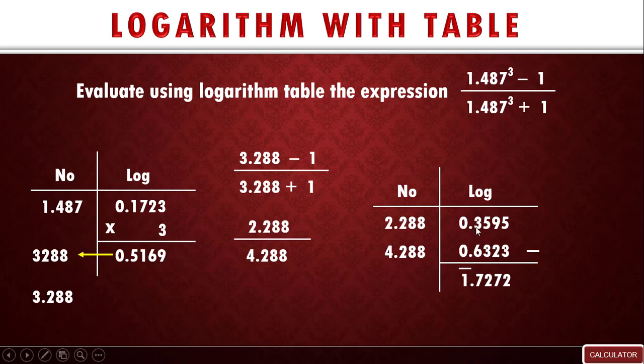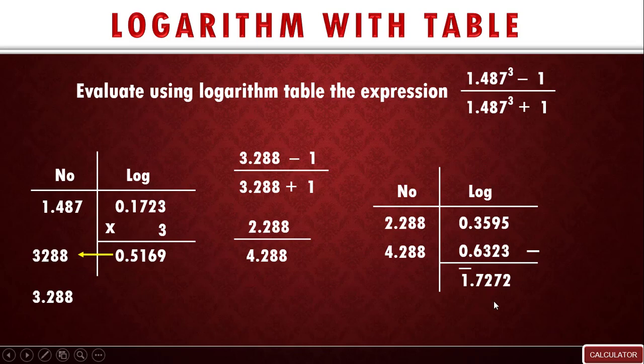So if we take the 1 with the 3, this will become 13. So 13 minus 6, that will give us this 7. Remember that we borrowed 1 from here. Since we borrowed 1 from here, that means we have minus 1 here. So minus 1 minus 0 will still give us the same minus 1, and that will be bar 1.